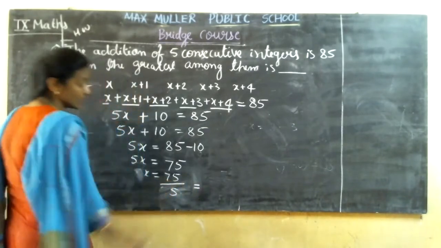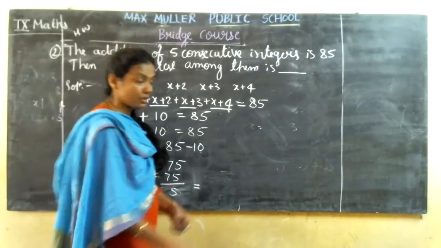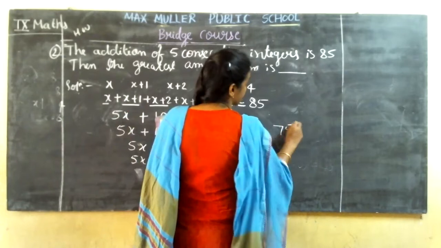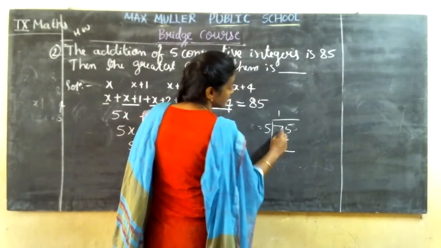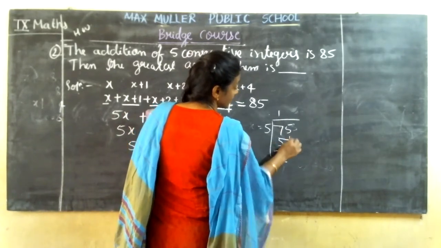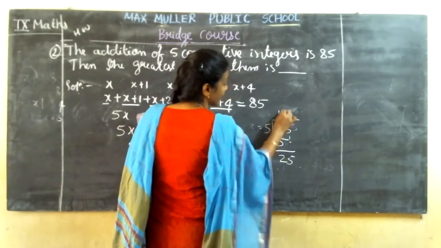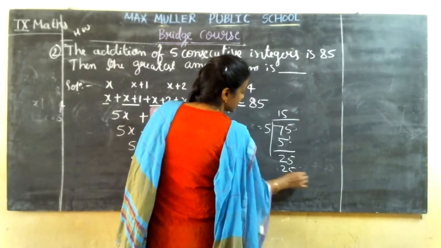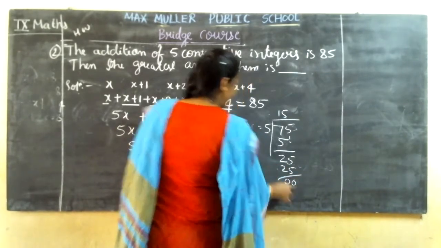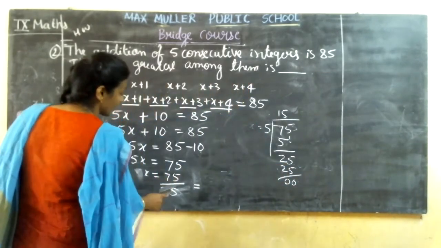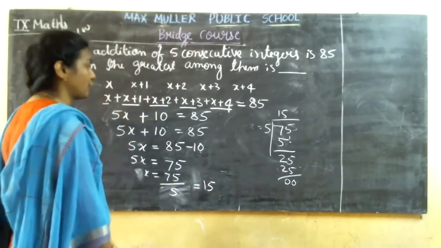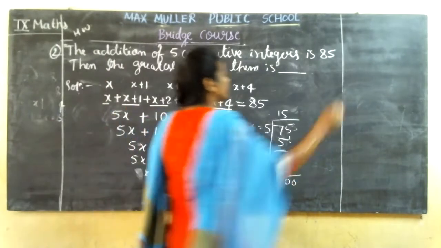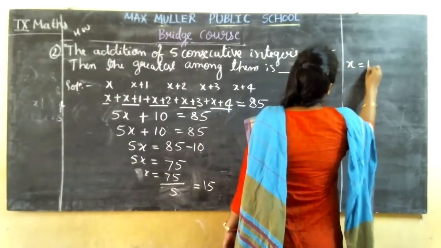When you divide this, division you all know, no? 5 ones are 5. What is the remainder here? That is 2. Take a 5 down here. So 5 5s are 25. The remainder is 0. So 75 by 5 is 15. 15 5s are 75. So x is equal to 15.